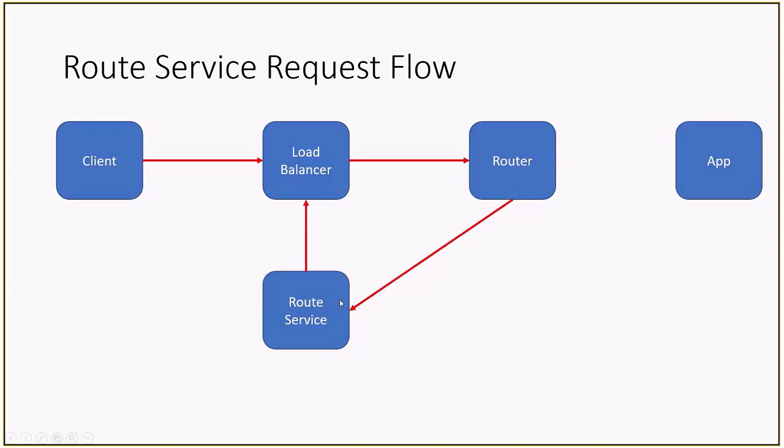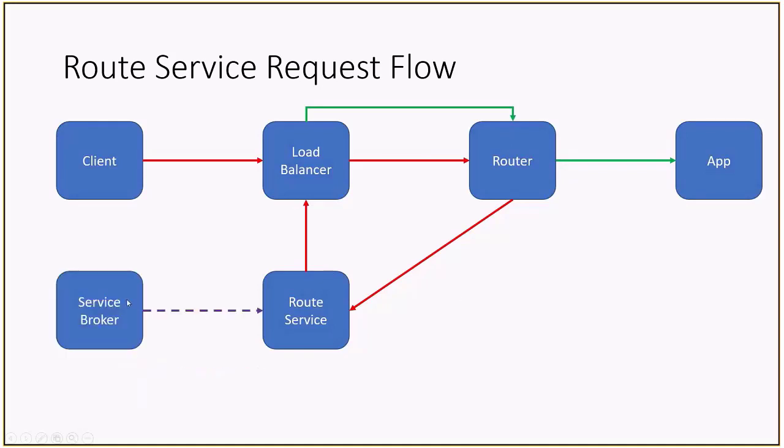But if it validates the request and everything is good, it sends it to the load balancer again. The load balancer sends it back to the router, and now the router sends it to the app. There are some header values that tell the router that, hey, it has already gone through the route service. This request is golden. You can send it to the app. And like I said, this route service itself can be from the marketplace. You can pull something from the marketplace from the service broker API.